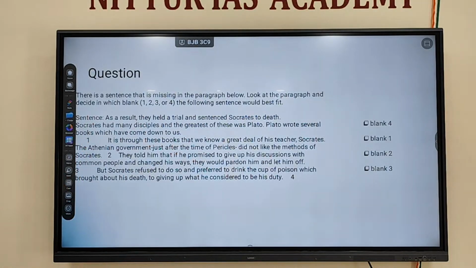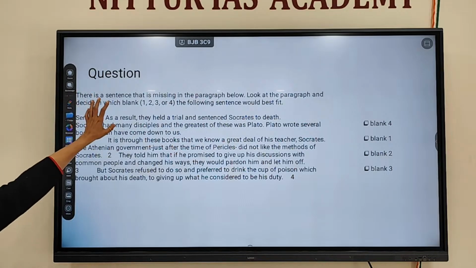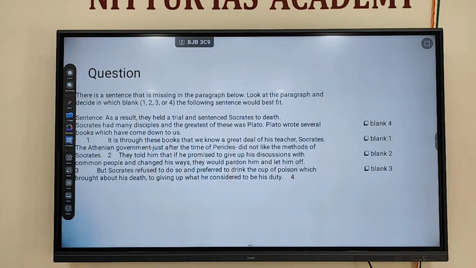So the opening sentence is this one only, and option 1 is here. As a result, they held a trial and sentenced Socrates to death. Okay, that is the main sentence. Socrates had many disciples, and the greatest of these was Plato. Plato wrote several books which have come down to us. Option 1. It is through these books that we know a great deal of his teacher Socrates and Athenian government just after the time of Priscilla did not like the methods of Socrates.